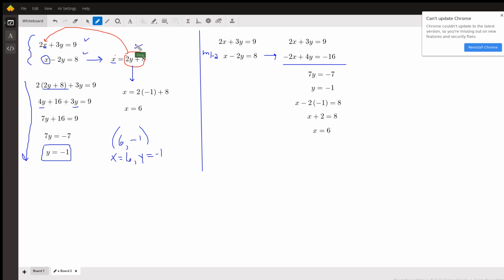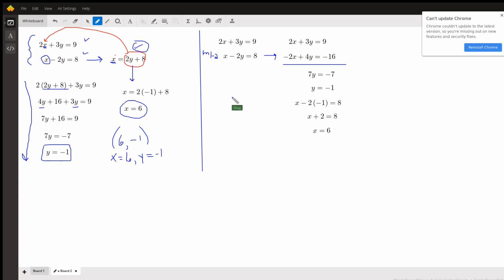This is the easiest one to use right here because x is already by itself. So if you put -1 in for that y, x is equal to 2 times -1 plus 8, which is 6. So that's the same thing we got with the graphing method on page 1.